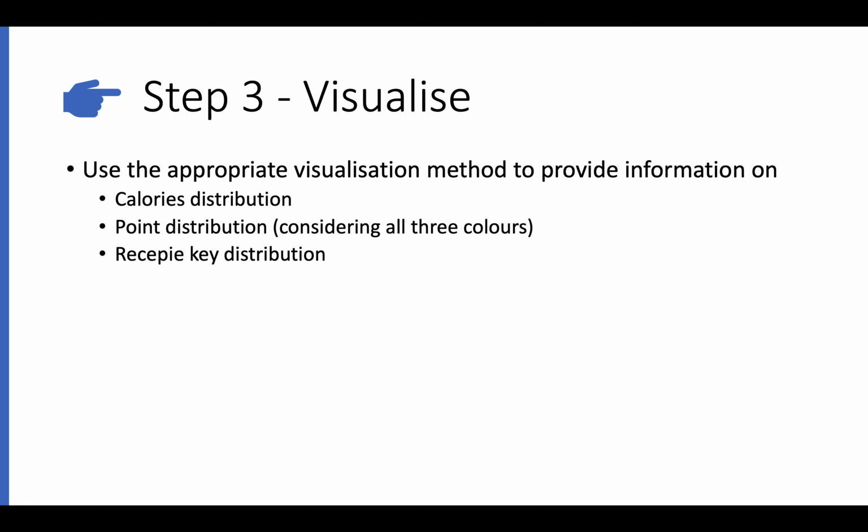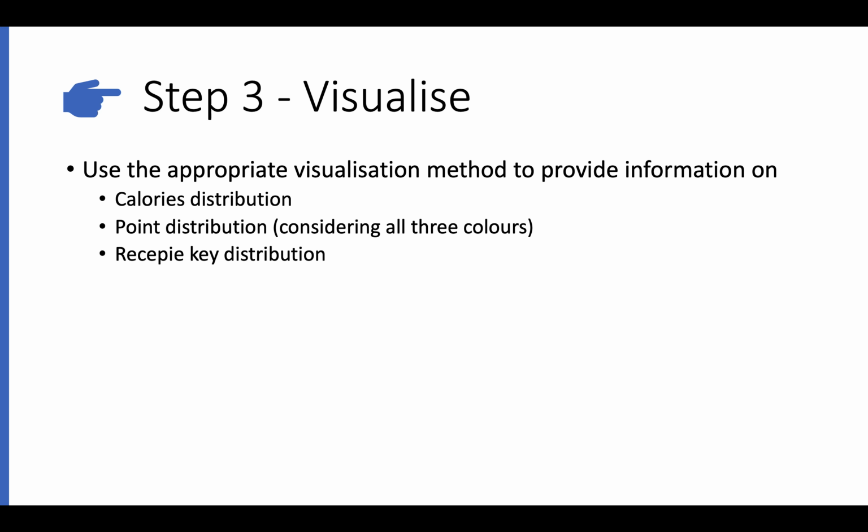What I want to see is the calories distribution and point distribution, considering all 3 colors. This is important. So it is not only the points between 2 and 10. I want to see in a single plot the point distributions with regard to all 3 colors.